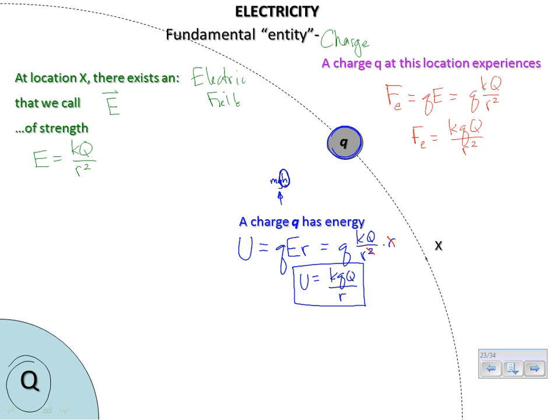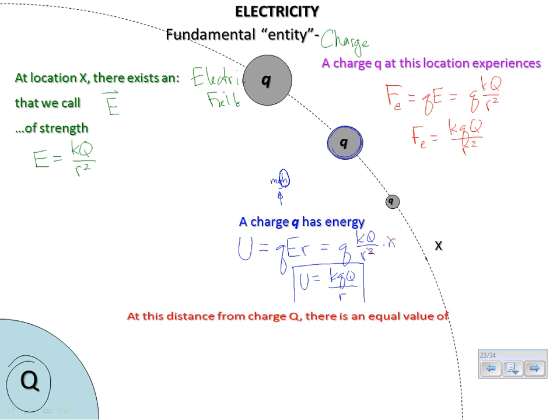Instead of G, we use K. Instead of masses, we talk about charges. Now, same thing we did before. All these different charges have different potential energies, right? Because the q's are all different. But anywhere at that same distance from charge big Q, there's an equal value of what we call potential energy per unit charge.